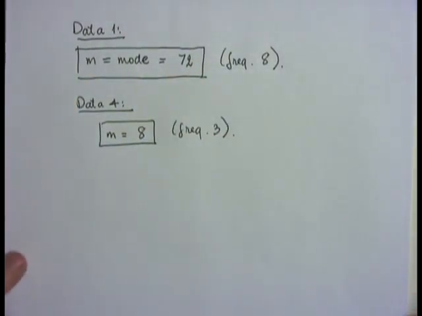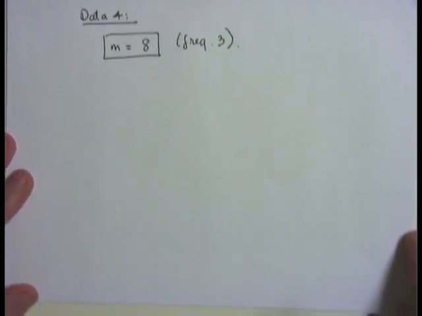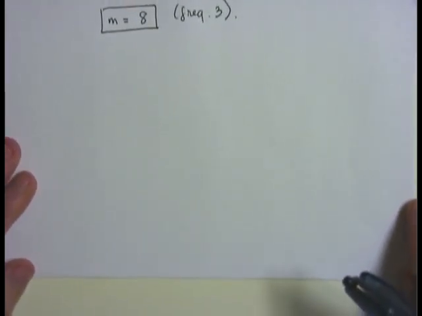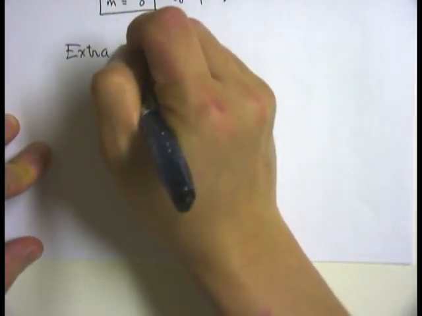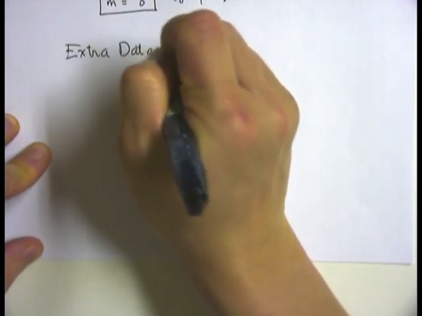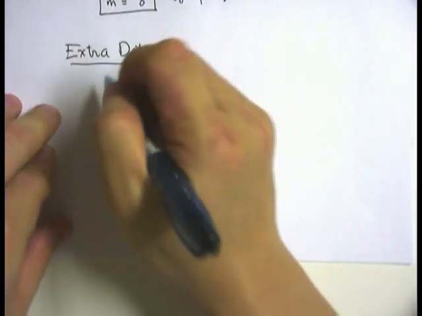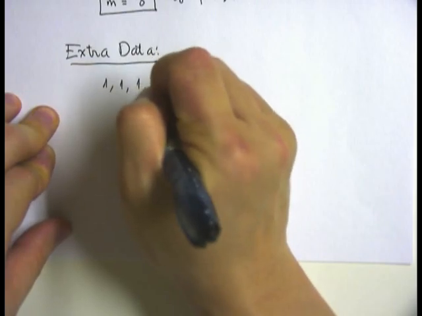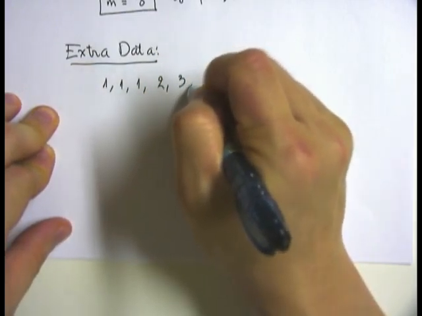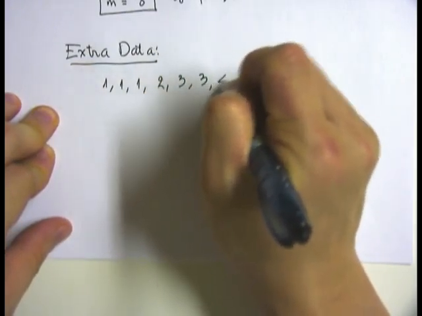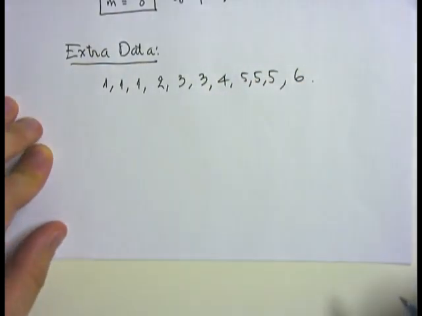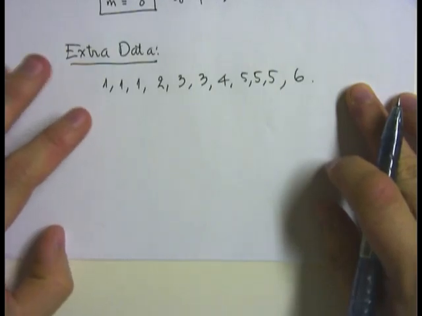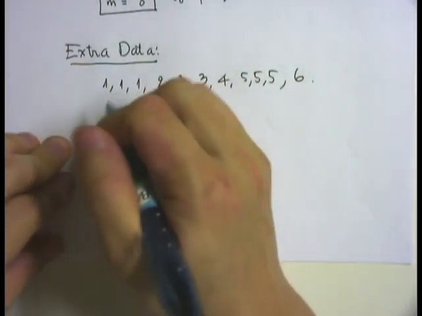Now this is the first time I'm producing an extra data set here. If you quickly look at this small data set, let's try to find a mode.